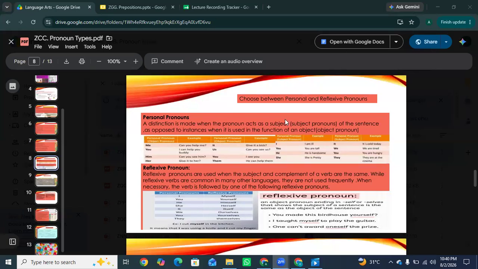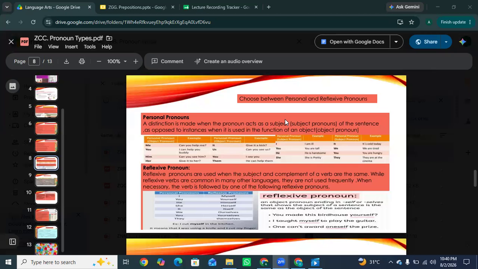Okay. So the next one is personal pronouns and reflexive pronouns. With personal pronouns, a distinction is made when the pronoun acts as the subject of the sentence, as opposed to when it is used in the function of an object. Personal pronouns basically replace nouns and change form depending on whether they are the subject doing the action or the object receiving it.